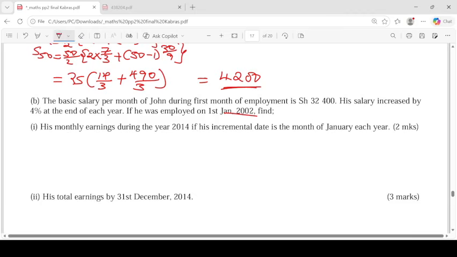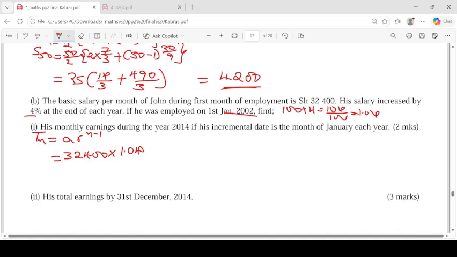So the nth term is given by a r power n minus 1, because these are GP. So the first value is 32,400 multiplied by the ratio, because it is increasing by 4%, so it will be 100 plus 4, which is 104, over 100, which is 1.04. So this is times 1.04 power from 1st January 2002 to 2014, and it's annual.